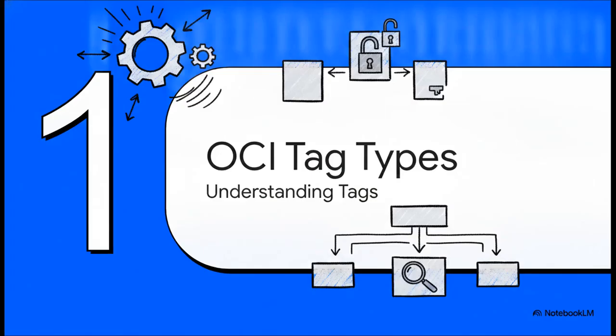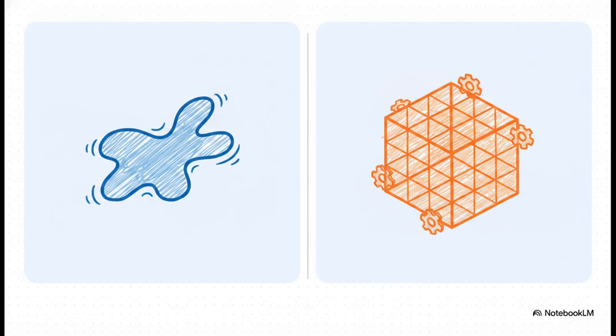All right, part 1. OCI tag types explained. There is a really massive contrast between the two main types of tags in OCI. On one side, you have freeform tags. These are totally user-defined with no predefined schema whatsoever. They're highly flexible, sure, but they have incredibly limited functionality. Honestly, Oracle recommends using them mostly when you're just playing around with features or for very isolated use cases.